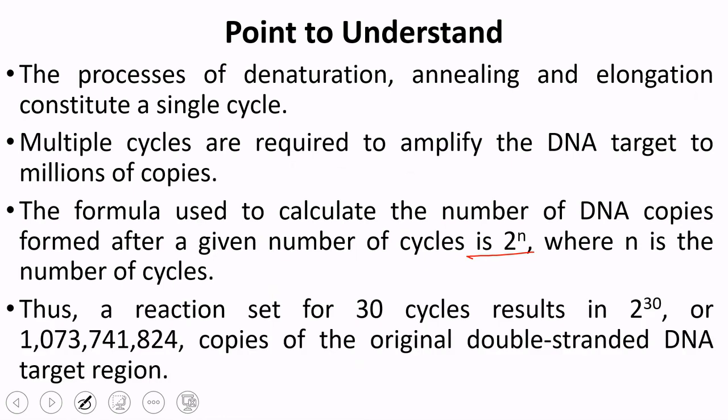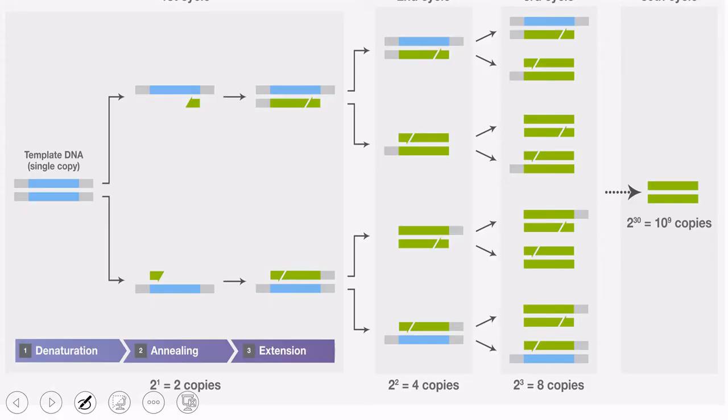If I am going to run DNA for 30 cycles, how many DNA copies will I have? That can be calculated by 2 to the power 30, which gives that many copies of the original DNA. So this is the formula we need to remember to calculate the total number of DNA.